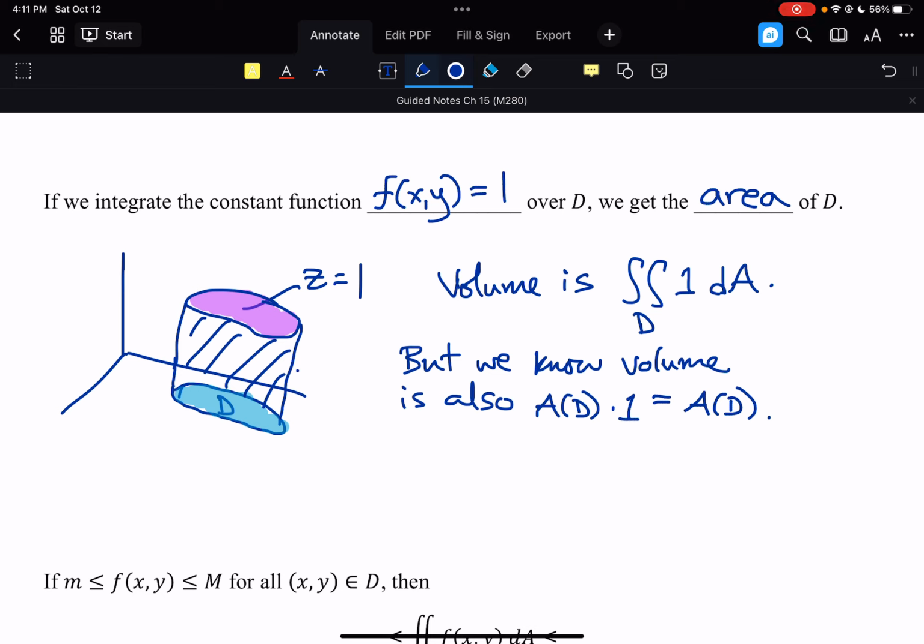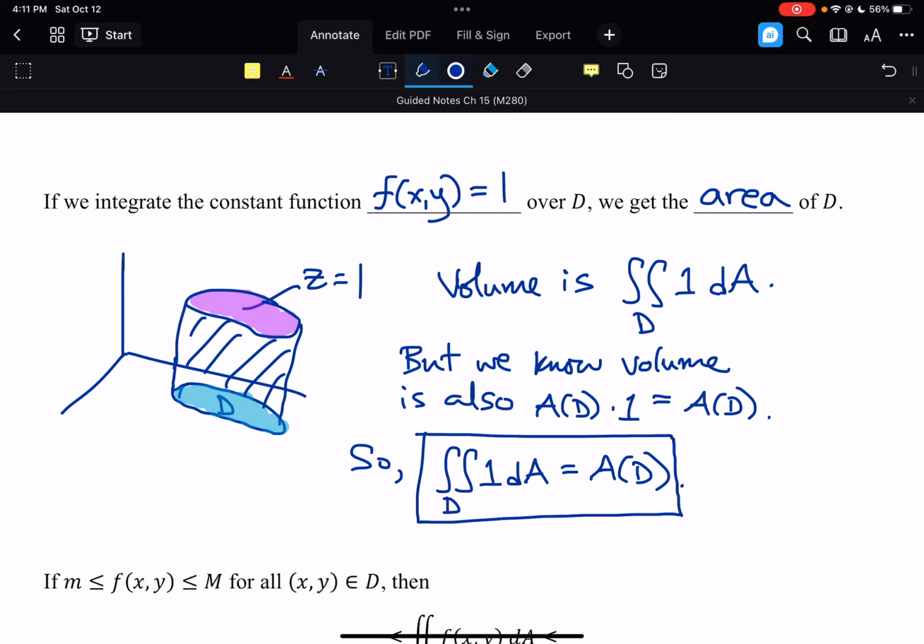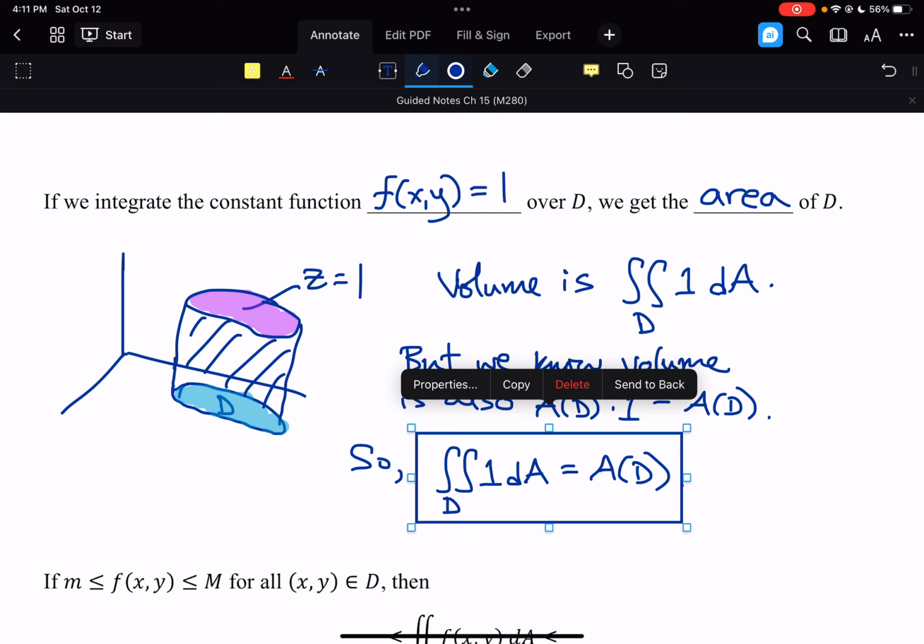So the volume in this case, because the height is 1, is just the area. So the double integral of 1 dA is just the area of D.